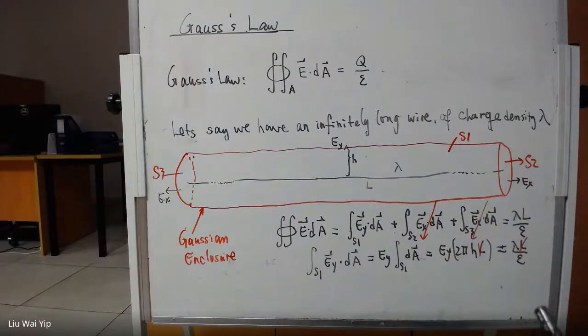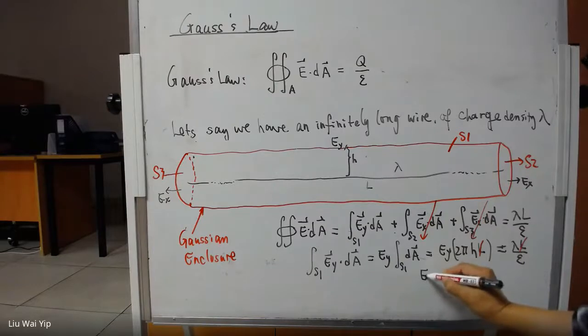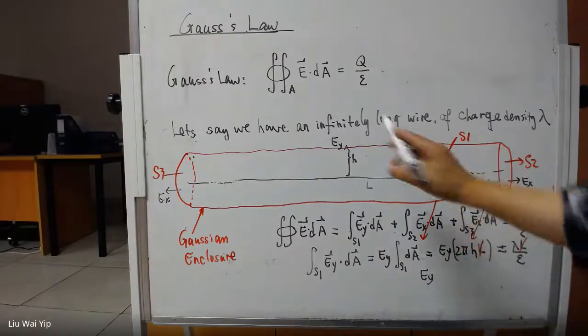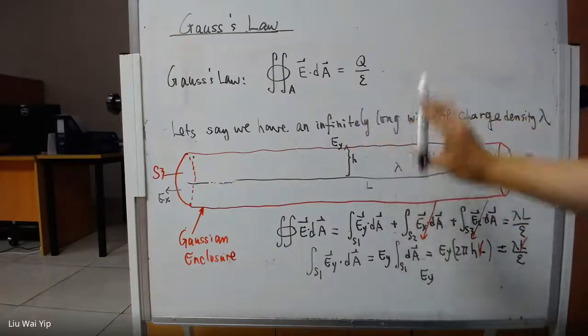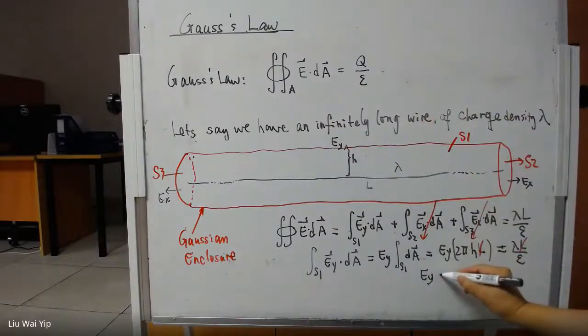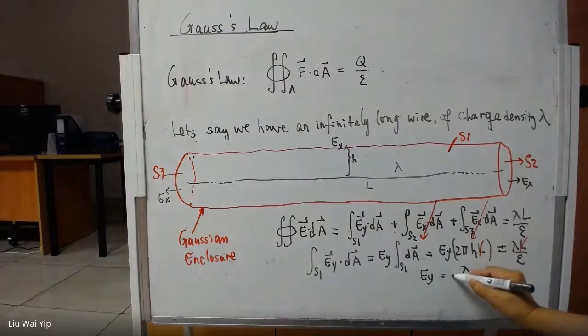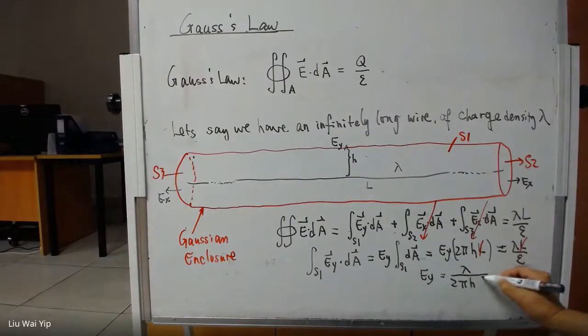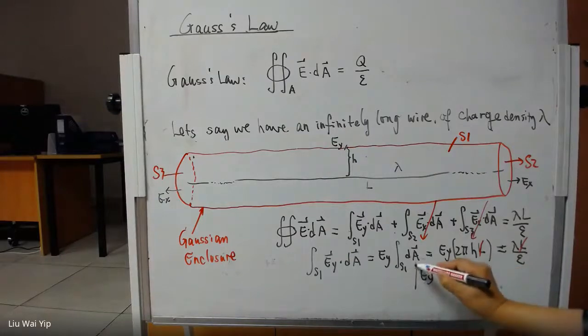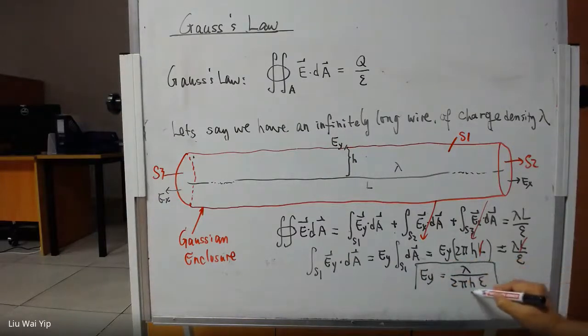And we can safely conclude that EY, which is the electric field in the vertical direction, is equal to lambda divided by 2 pi h epsilon. So this is going to be our answer.